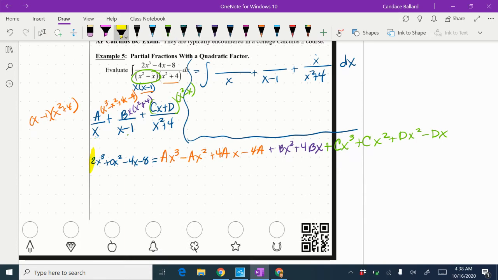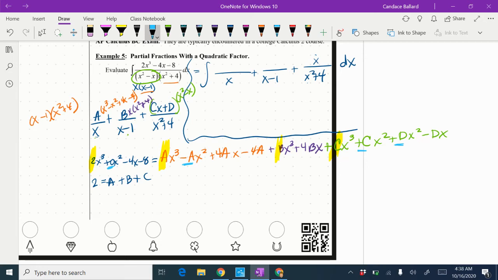So first of all, I need a cubes equation. So let's find all my cubes. I believe that's all my cubes. So my cubes are 2 equals A plus B plus C. And then let's do a squareds equation. Let me find all my squareds. There's a squared, there's a squared.